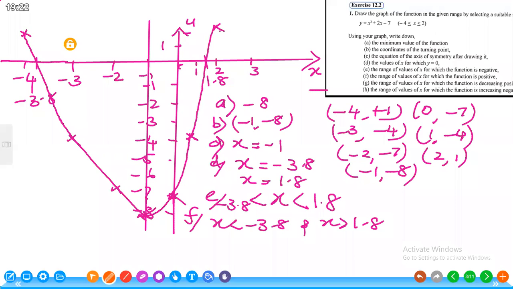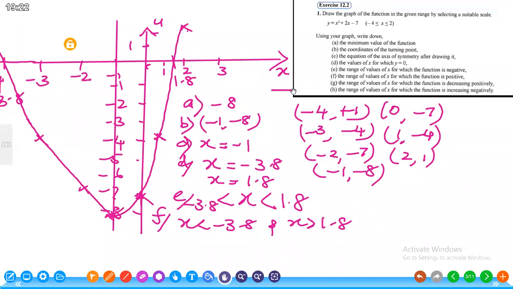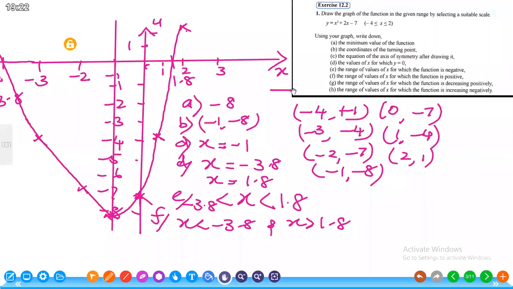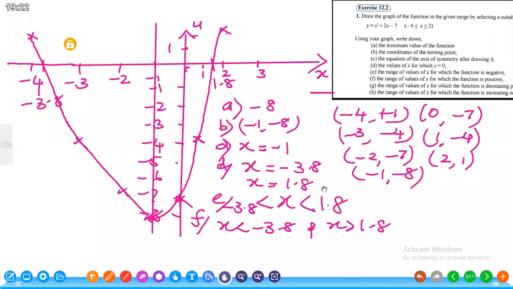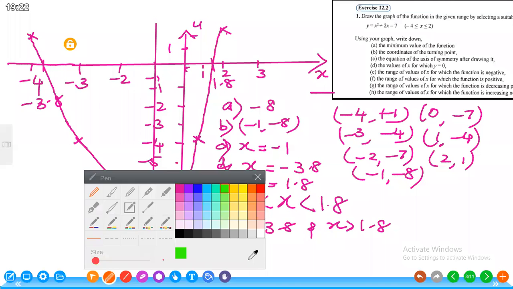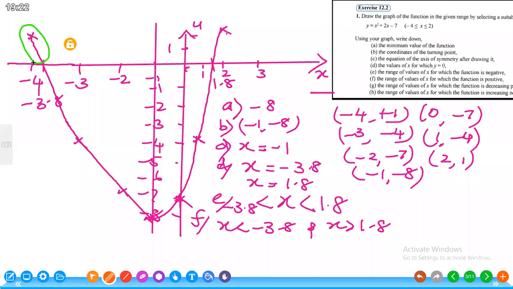Another question, G part, right? The range of values of x for which the function is decreasing positively. In this graph, decreasing positively is this part only. Okay, I mark it in another color. This part is decreasing positively.